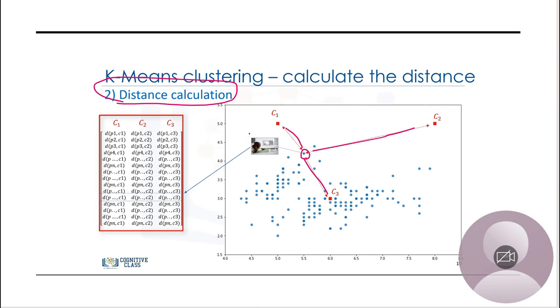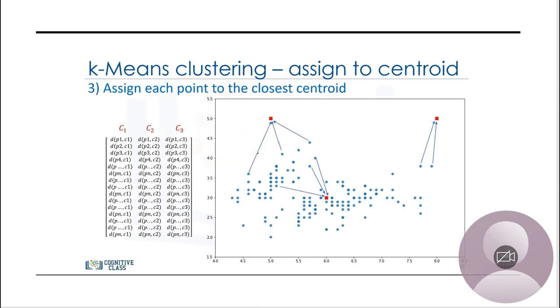And then once we calculate the distance, we assign the points that are closest to the nearest centroid. So these 3 points are closest to this centroid, so we assign them to it. These 2 points are closest to this centroid, so we assign them to it, and so forth. So we assign every single data point to the nearest centroid.